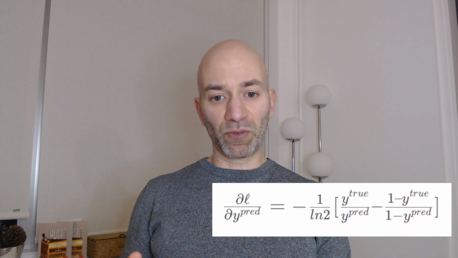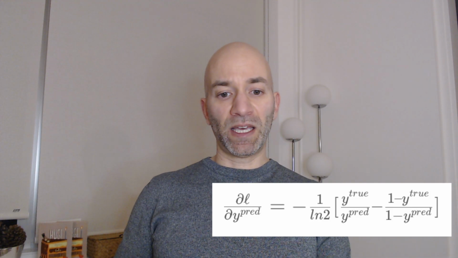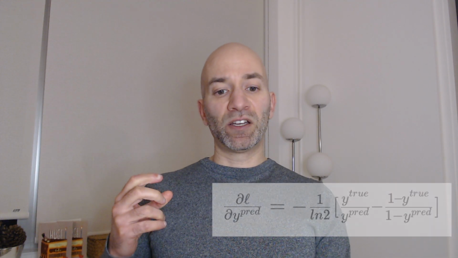It will be this logarithmic function, and then the derivative of the activation function in our output layer with respect to the input z will be of this form. So these are just some things to make note of.